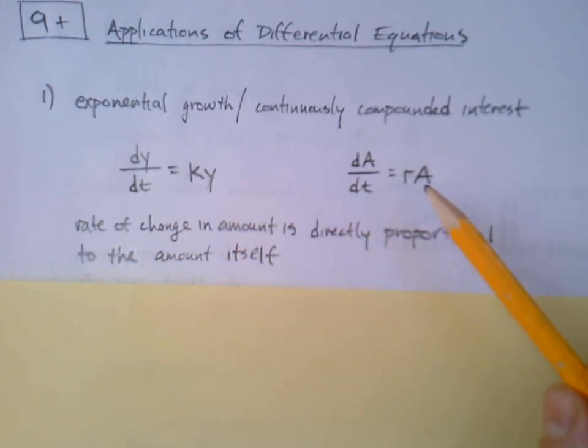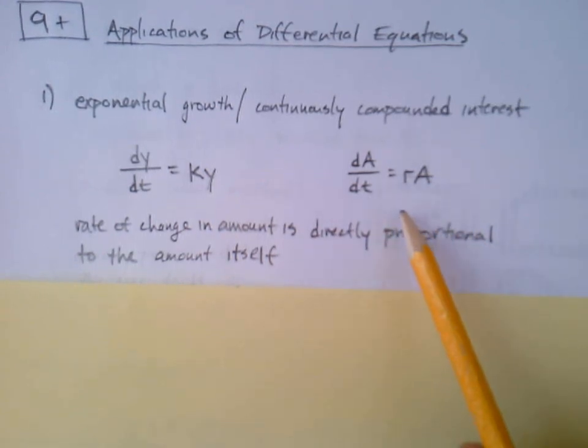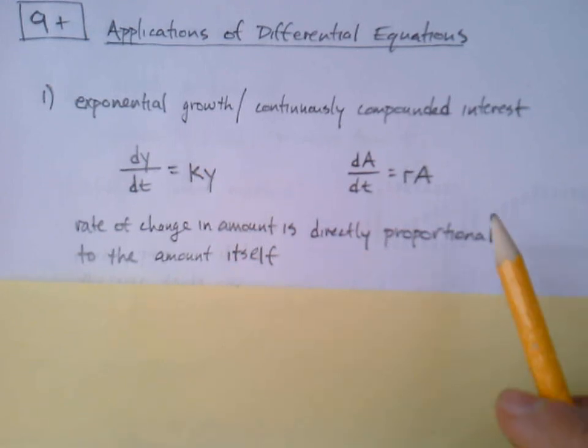Like maybe you make $1 per month or $5 per month. If you're really killing it, maybe you make $10 per month. Not very much. What if instead of $100 in your account, you have $100,000? Well, then that same interest rate, you might gain $1,000 a month or $10,000 a month. I mean, it's really going to be growing quickly. Same percentage-wise, but the bigger the amount, the faster it grows is the idea.